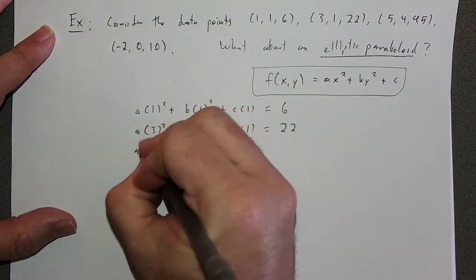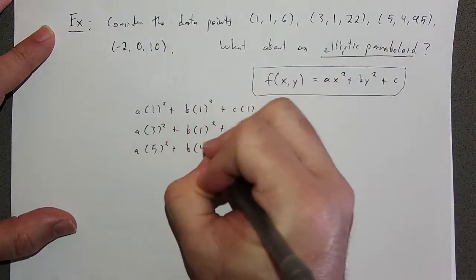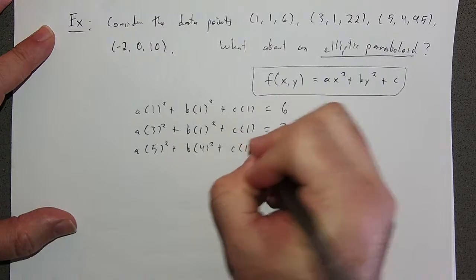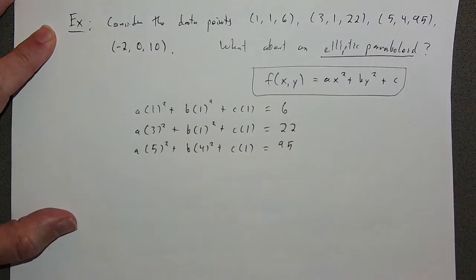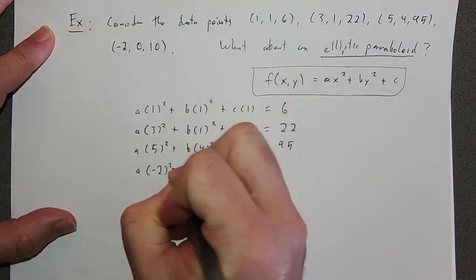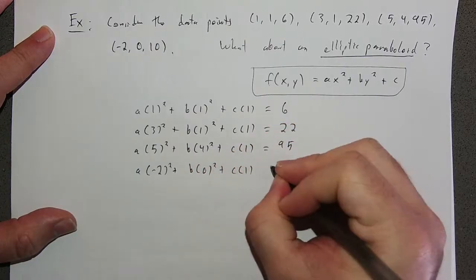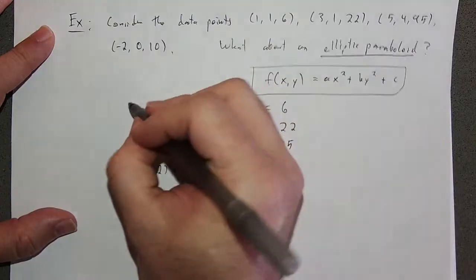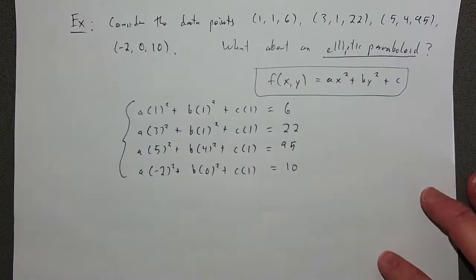And then a times 5 squared plus b times 4 squared plus c times 1 is equal to 95. And then lastly, for this last point, a times minus 2 squared plus b times 0 squared plus c times 1 is equal to 10. And all four of these equations would be satisfied simultaneously. Okay. That's how this would go.